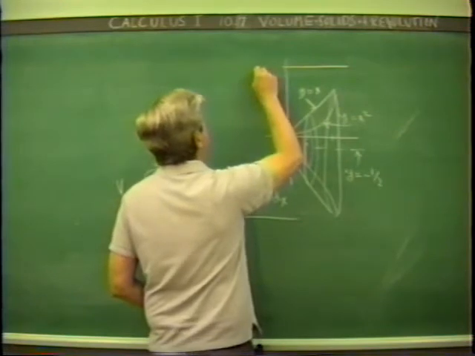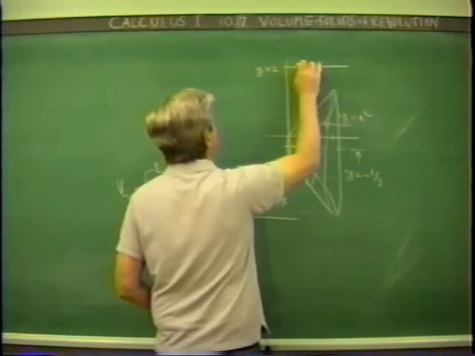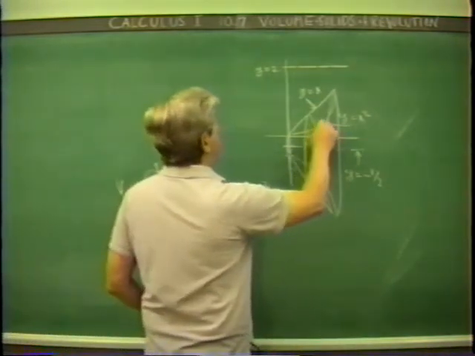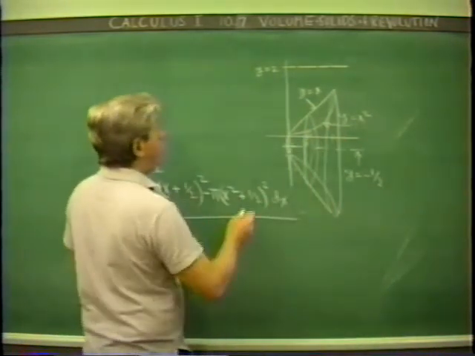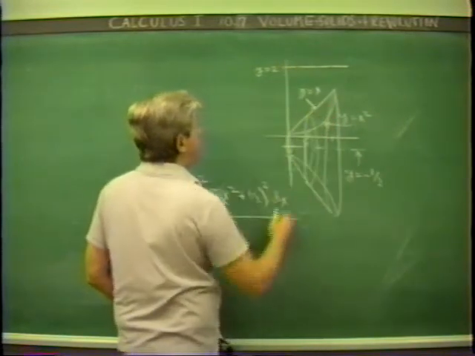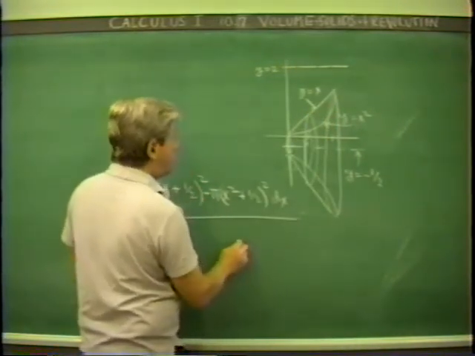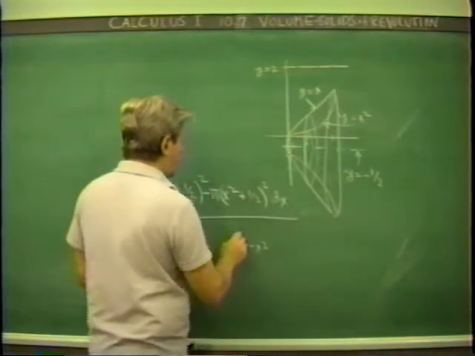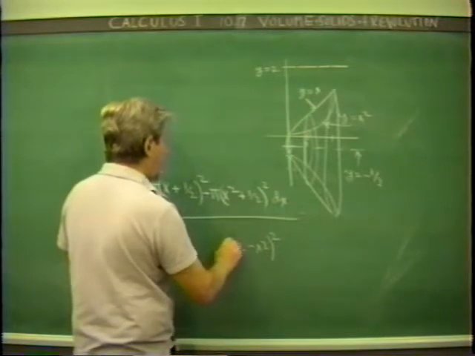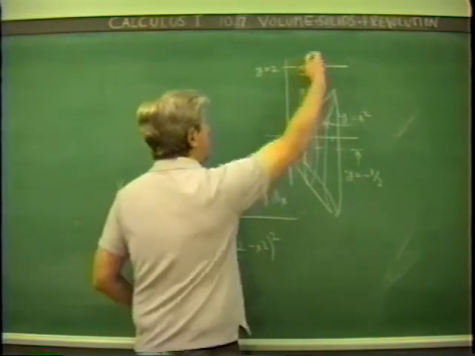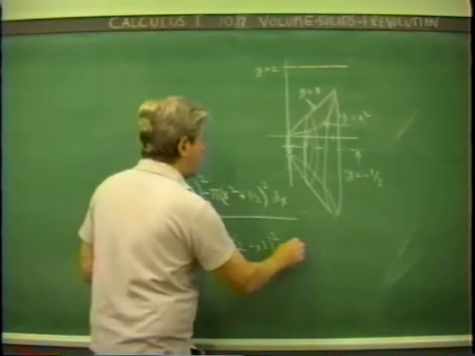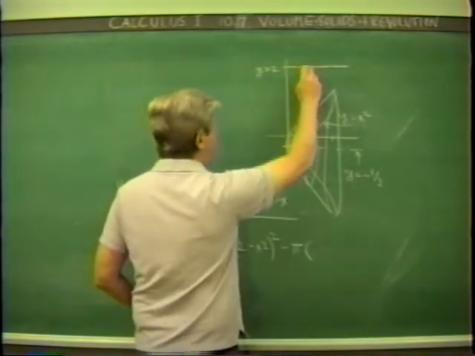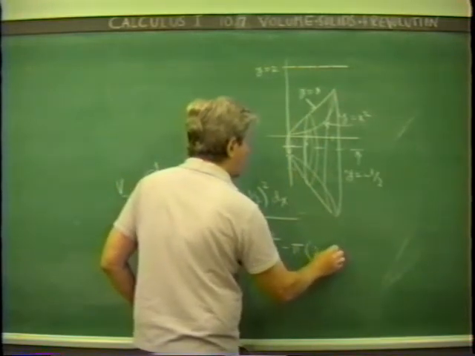If we wish to revolve this around the line y equals 2 instead, right, then we would get, at each point x, a disk again, except now the radius of the outside disk is going to be 2 minus x squared. So this squared times pi is the area of the outside circle. The circle that's removed is going to have radius 2 minus x.